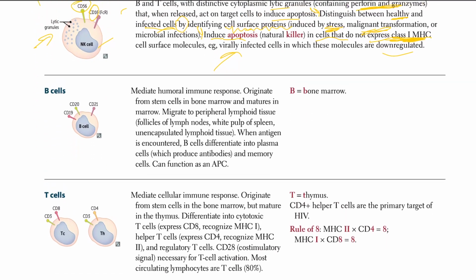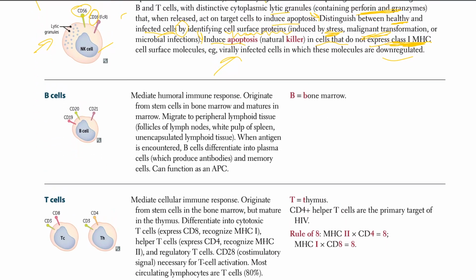Now let's talk about the B cells. B cells mediate the humoral immune response, originate from the stem cells in the bone marrow, and mature in the marrow. They migrate to peripheral lymphoid tissue: follicles of the lymph nodes, white pulp of the spleen, and unencapsulated lymphoid tissue.